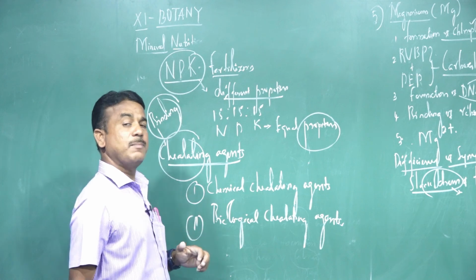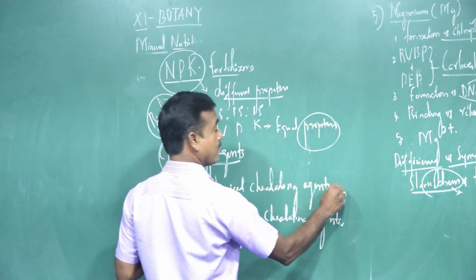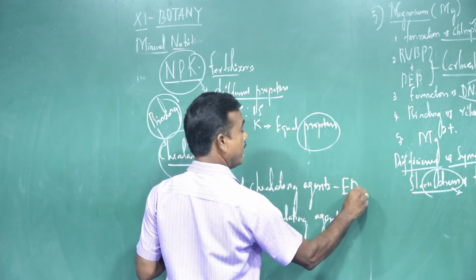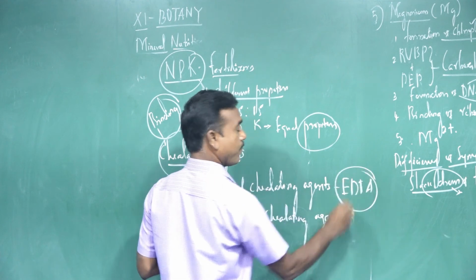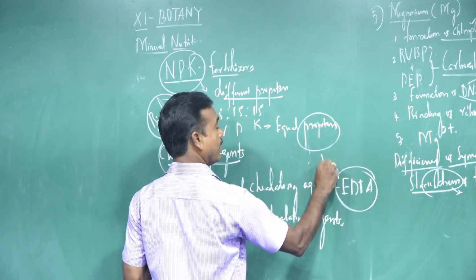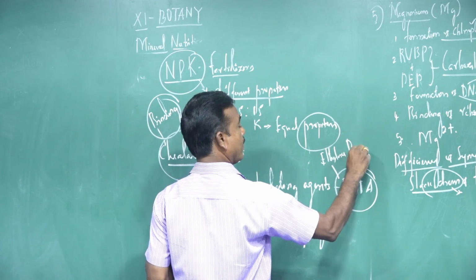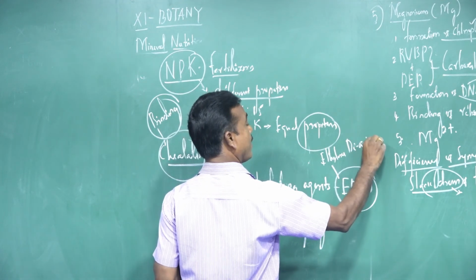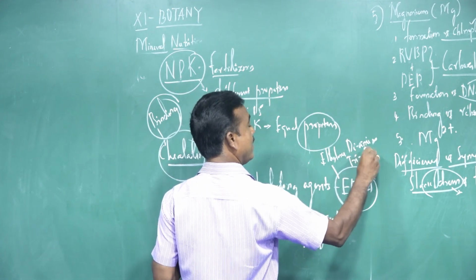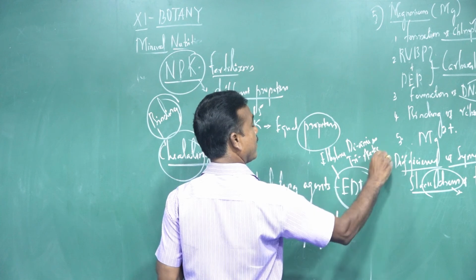Which chemical can be used as a binding agent? That is EDTA, ethylenediaminetetraacetic acid.